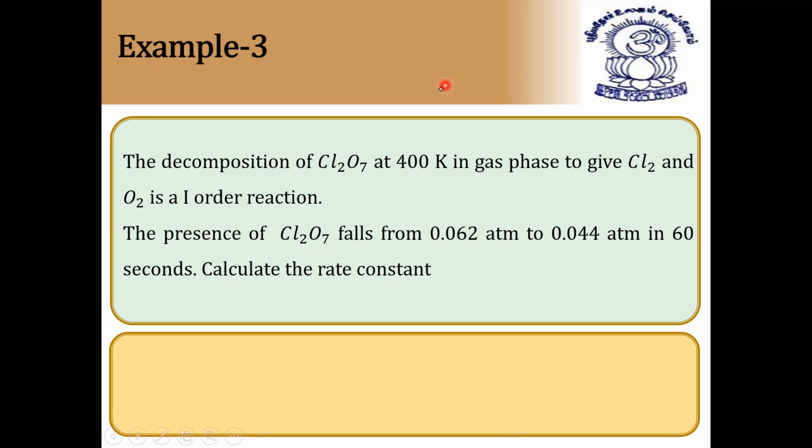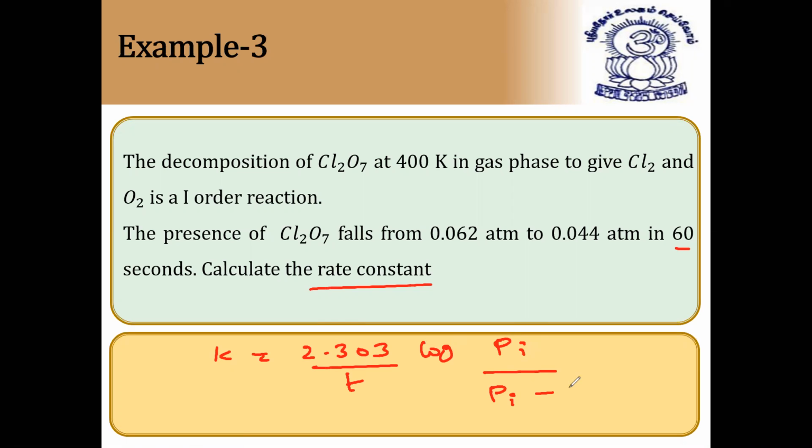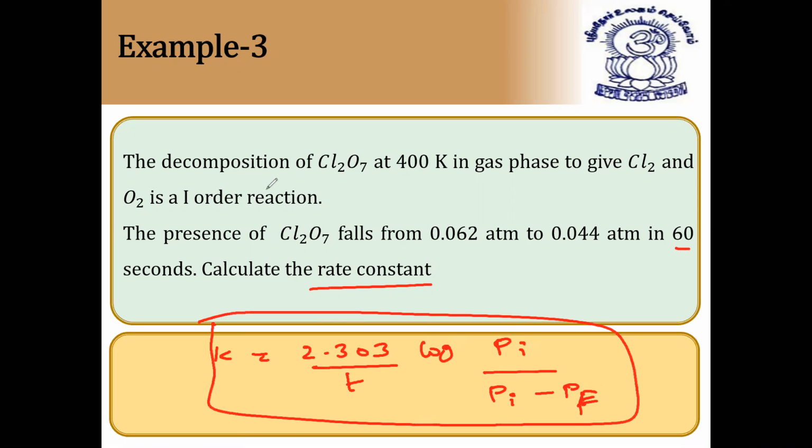Same formula, apply this formula. Rate constant they are asking, so K is equal to 2.303 by T, that is 60 seconds, into log of P initial by P initial minus P final. They have not given total pressure, and since this is a first order reaction, you can straight away use this integrated rate equation.